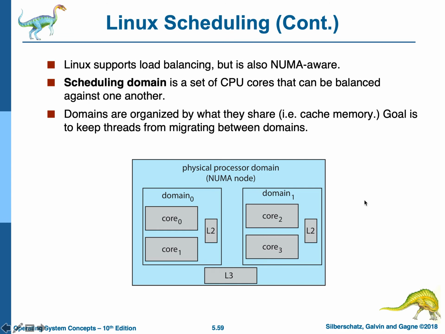It also supports load balancing, as we have seen, but also non-uniform memory access. So let's consider that a processor can access some data from different memories, the cache memory of different cores.